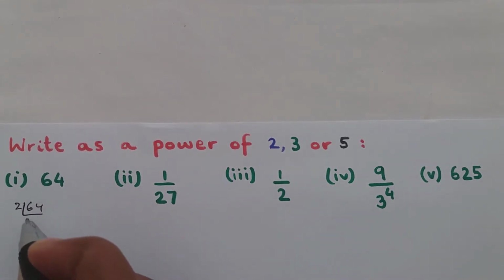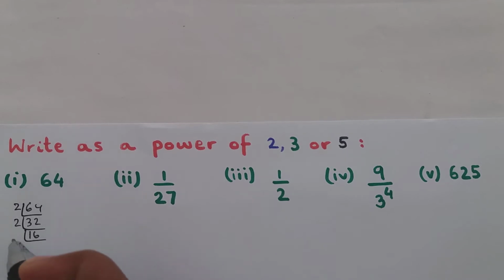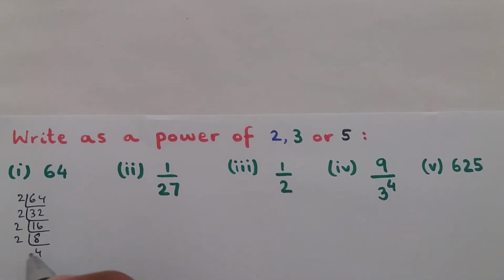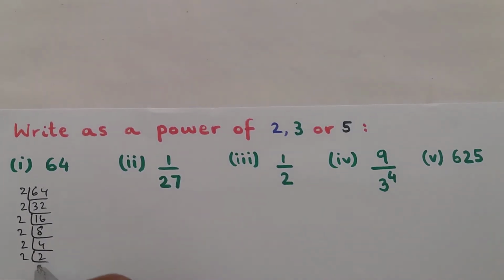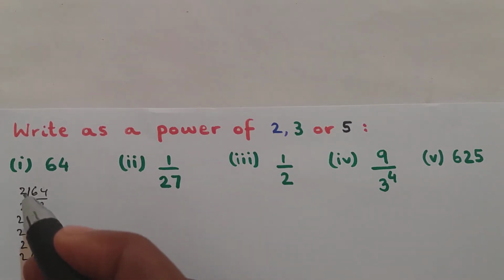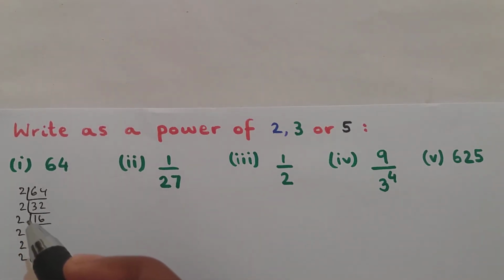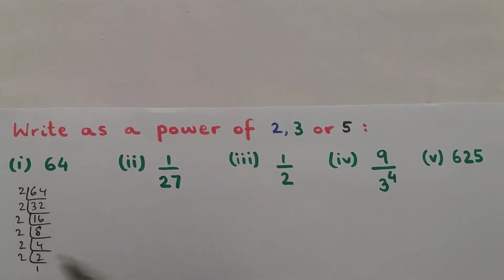So 2 32s are 64, 2 16s are 32, 2 8s are 16, 2 4s are 8, 2 2s are 4, 2 1s are 2. So 64 is equal to 2 into 2 into 2 into 2 into 2 into 2, which is 2 raised to the power 6.